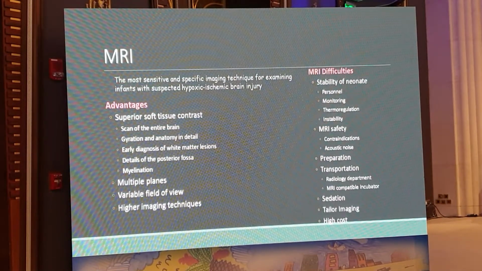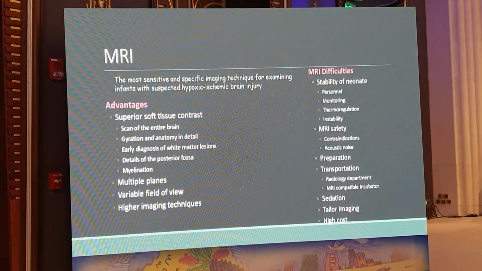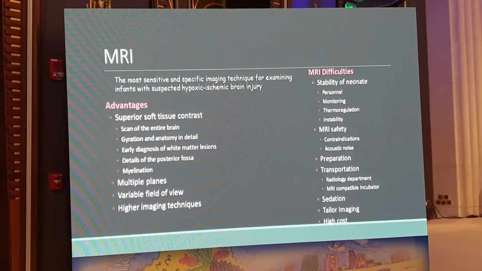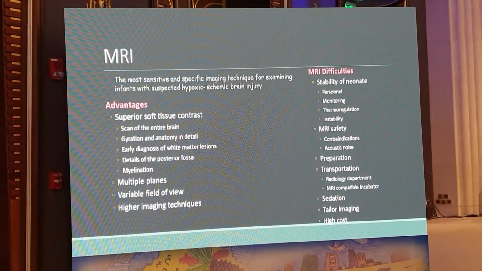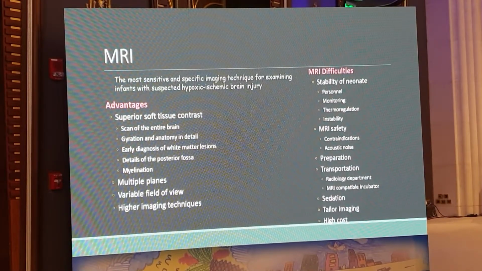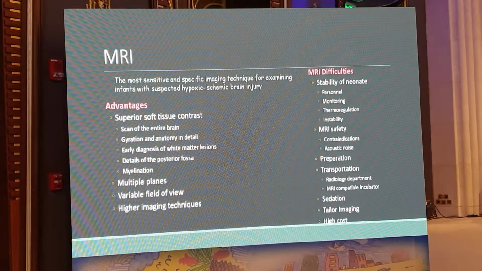MRI is, of course, the most sensitive and specific imaging technique for examining the infant or newborn brain with suspected hypoxic ischemic brain injury or any other problems. The advantage of MRI is its superior soft tissue contrast. It shows details of the brain; you can see the cortex and the white matter. We can detect the stage of maturation, the myelination.